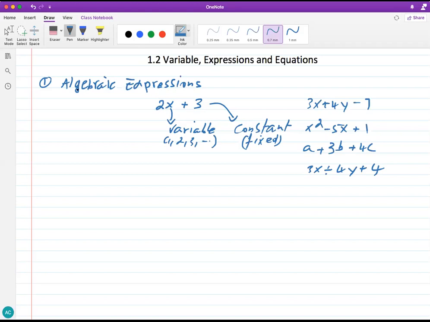Okay, algebraic expressions, because the expression is composed of, basically, we could say, a combination of numbers and letters.